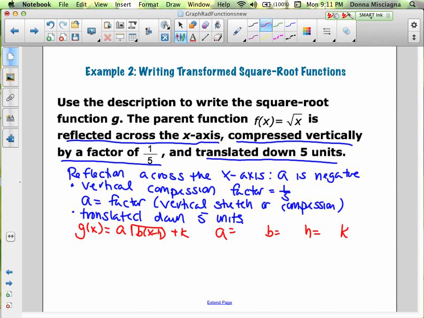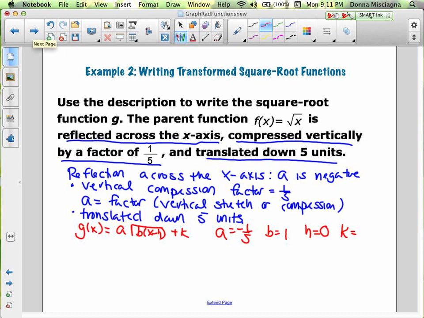All right, so since a is reflected across the x-axis and vertically compressed by a factor of 1/5, a is going to be negative 1/5. No horizontal stretch or compression, no reflection across the y-axis, b is just 1. No horizontal translations, not like the last problem.